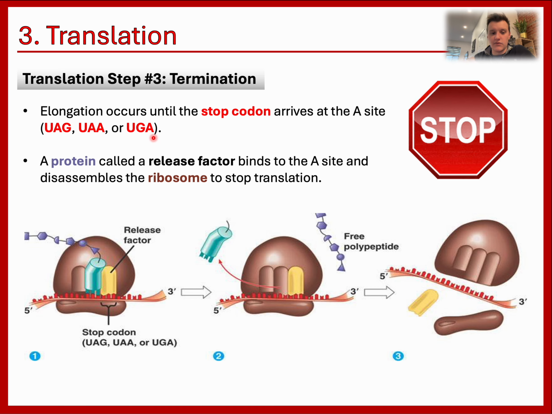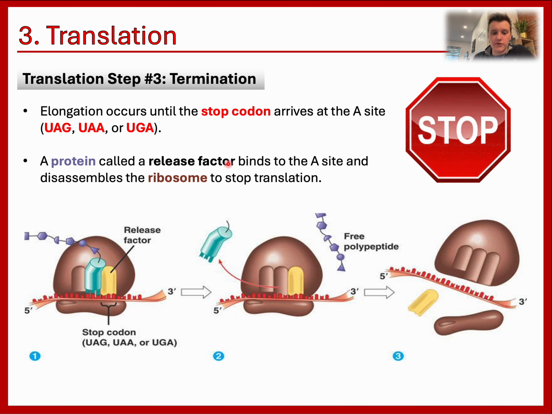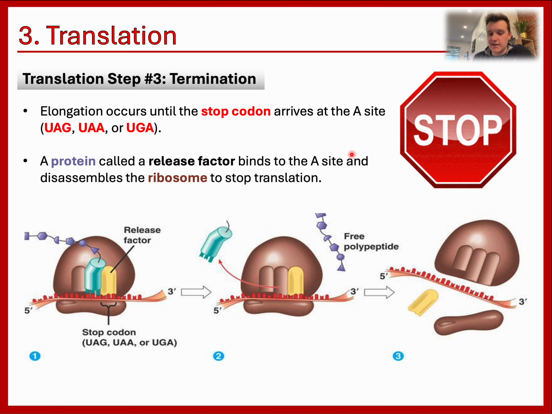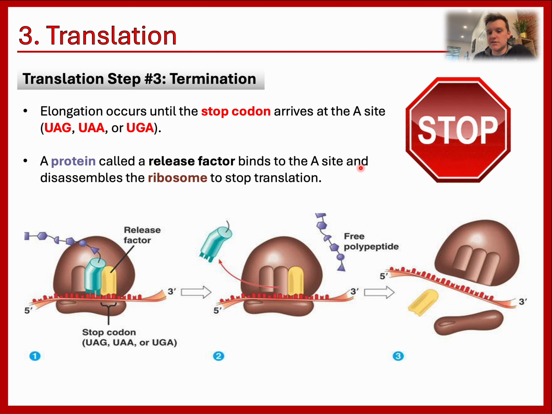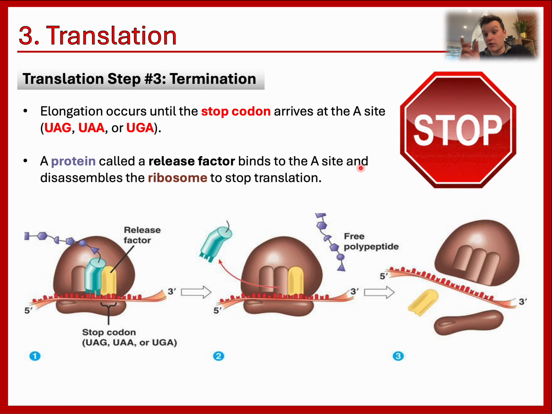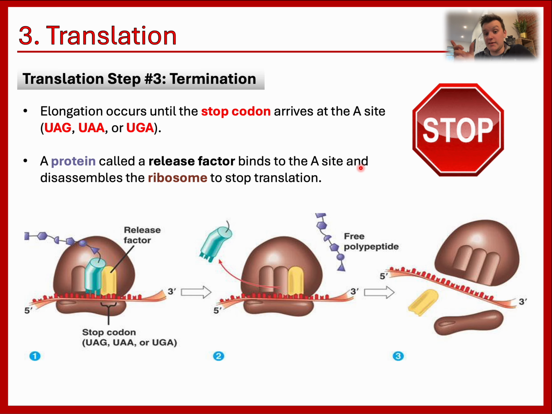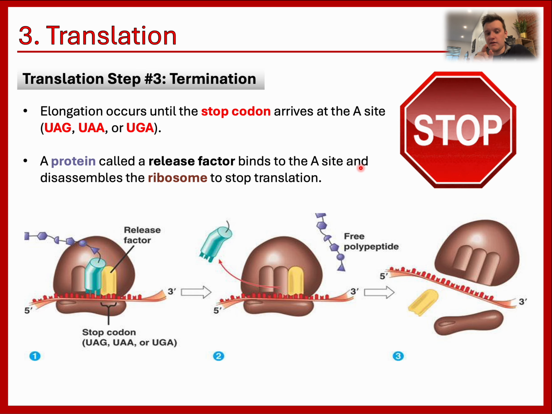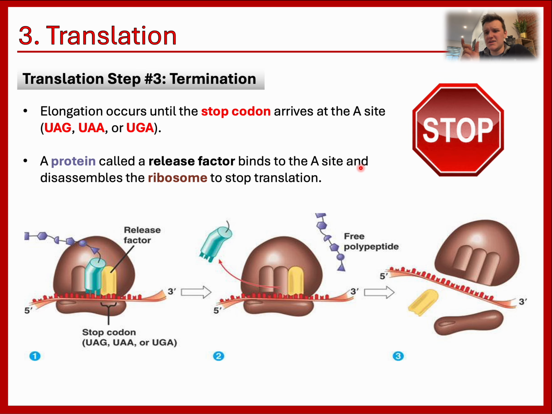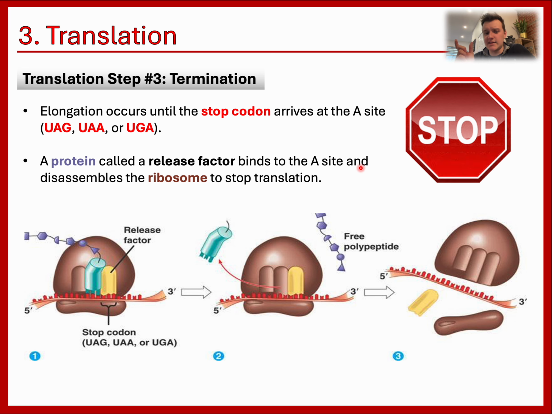So a protein called a release factor binds to the A site and disassembles the ribosome to stop translation. If you take a look at your codon table, I want you to go back to that table. Go look at UAG, UAA, or UGA, and you see that that code doesn't have any amino acid linked to it.